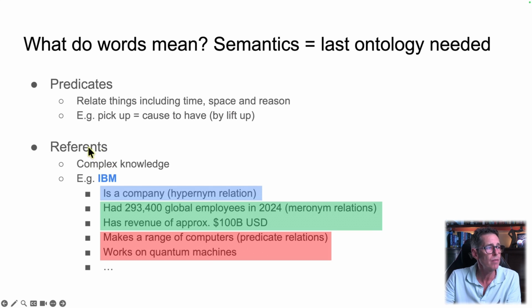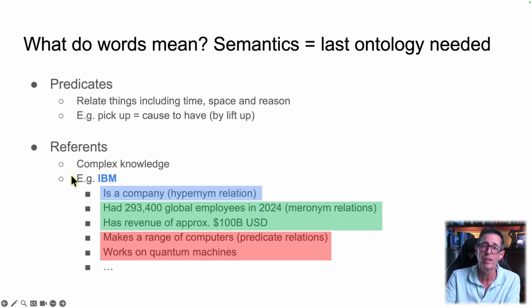But if we take a referent, now we can actually store complex knowledge in its definition. And it's probably one of the reasons why Napoleon Bonaparte wasn't originally put into a dictionary, because you can have an entire encyclopedic passage about him. But we can actually build up a lot of useful knowledge just in the dictionary, and we could use this format to be storing massive amounts of information.